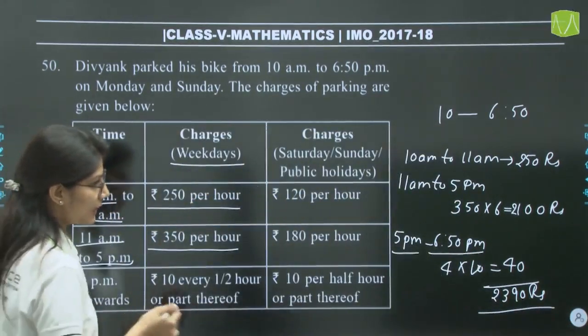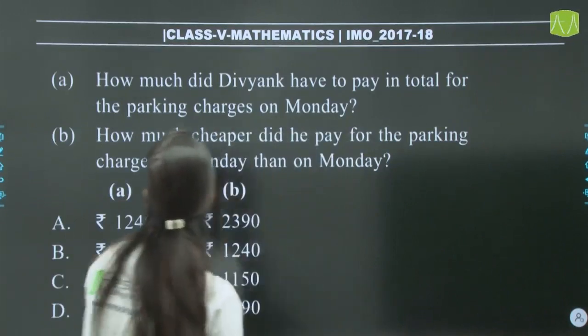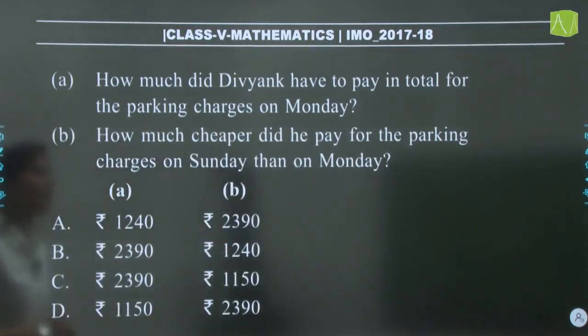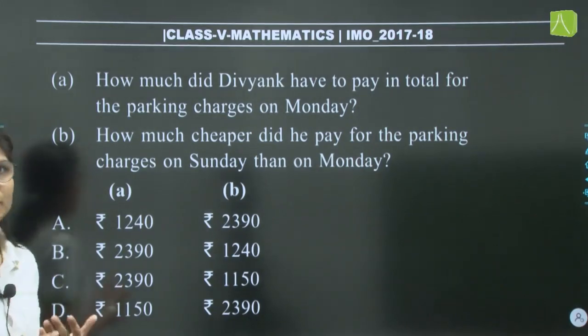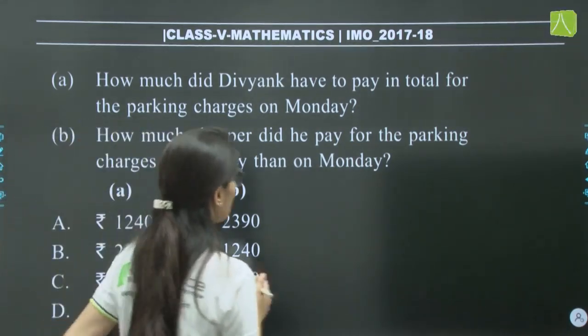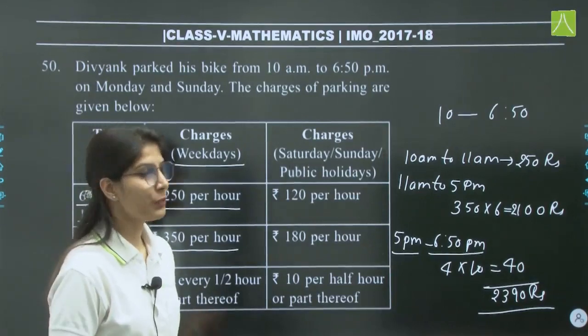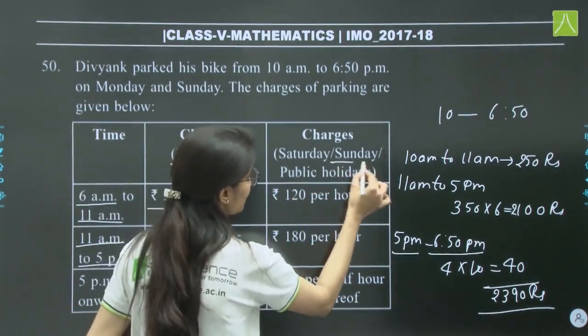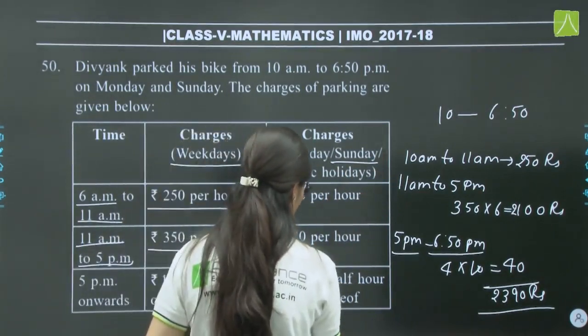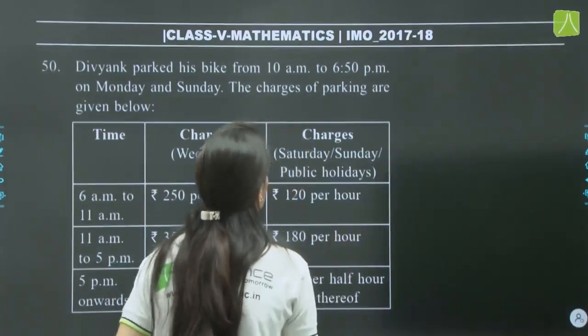Now let's see the second part of this question. How much cheaper did he pay for the parking charges on Sunday than on Monday? So we have to find out the parking charges on Sunday also to get the answer. For part B, let's find out the charges for Sunday.